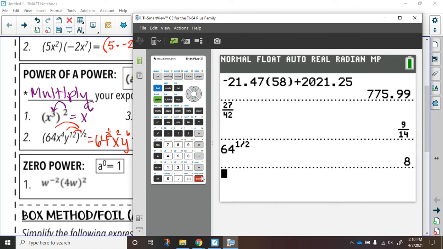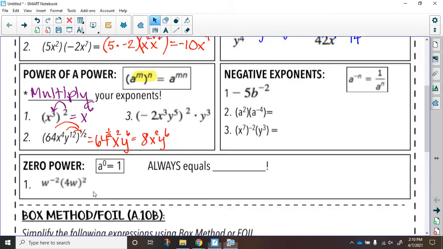So my final answer would be 8x squared y to the 6th. I'm running out of room for number 3, but you can write that off to the side and practice it on your own. So let's move on to negative exponents.